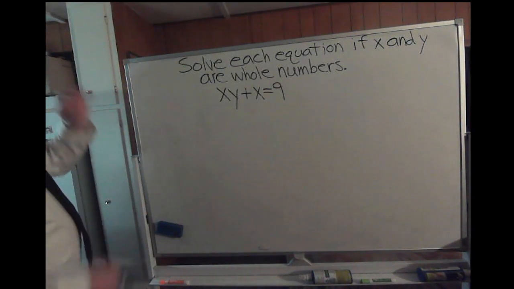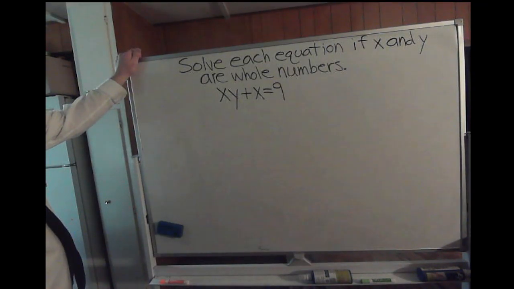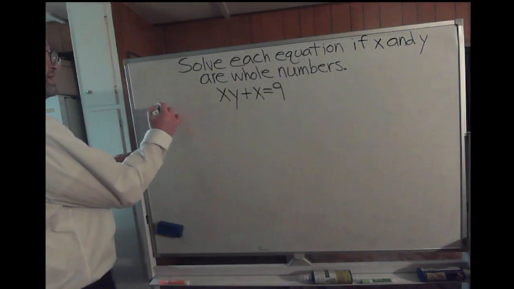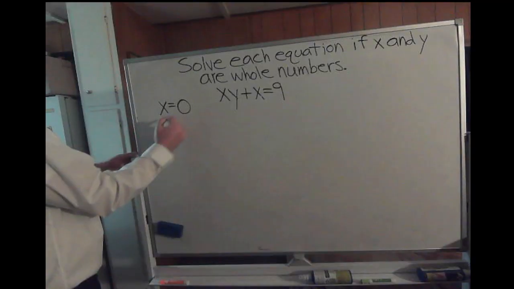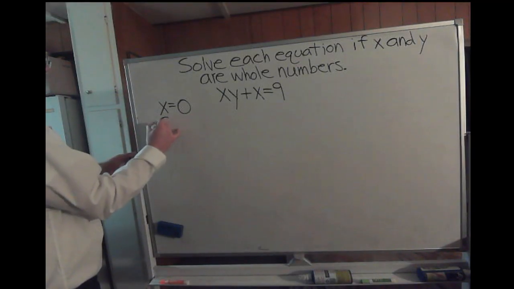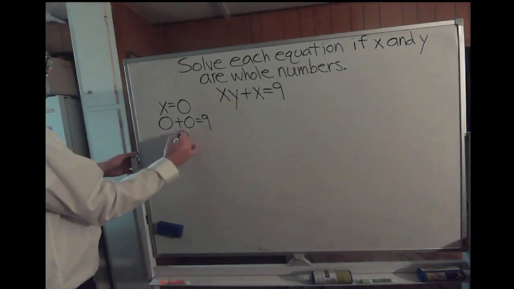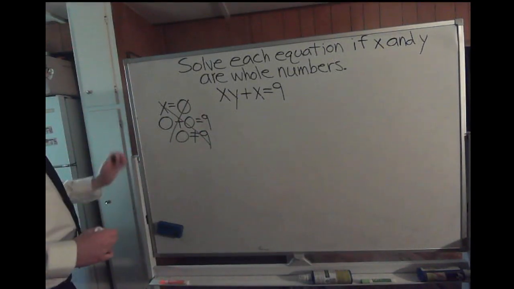Alright, so we got to have whole numbers here. xy plus x equals 9. Well, let's start with x equals 0. That's as good of a place as any, right? So if x equals 0, you'll put in your 0 value for x. You would get 0y, which is 0, plus 0 equal to 9. Well, 0 does not equal 9. So x equaling 0 is not a viable solution.